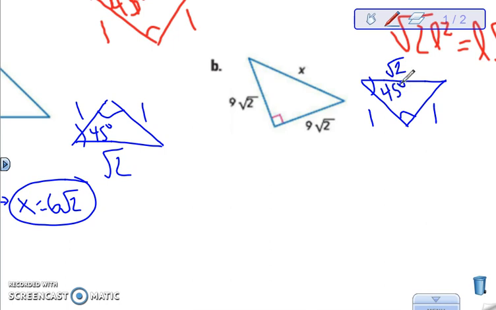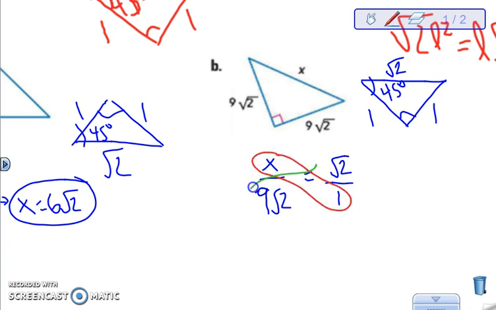This one we technically could solve with Pythagorean theorem by plugging in 9 root 2 as both a and b and solving for x. But it's actually probably slightly faster to do it with the proportion. So again, we can say x matches with the 9 root 2. If I go over to my base 45-degree triangle, the hypotenuse, which is where x is, is the root 2. The leg, where the 9 root 2 is, is the 1. And then, once again, cross multiply.